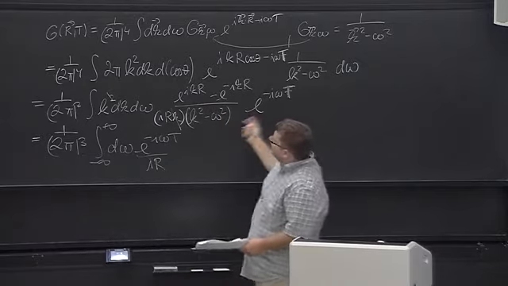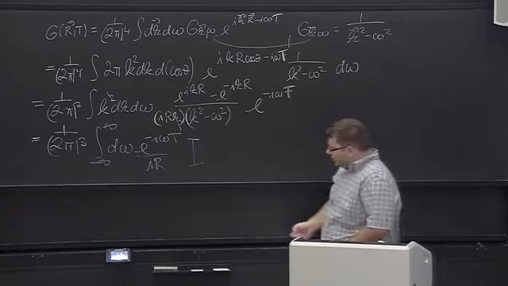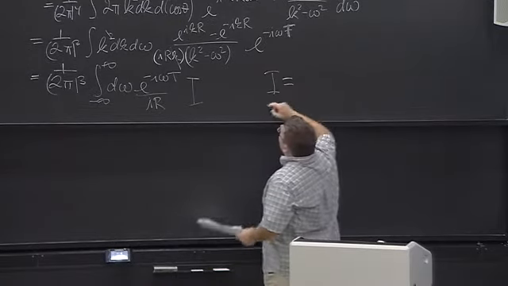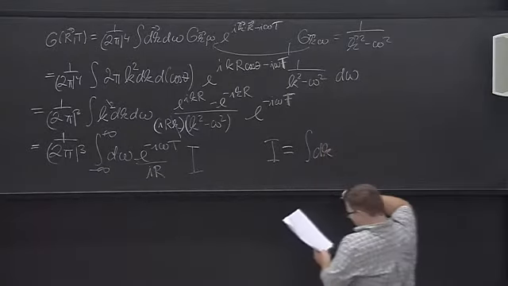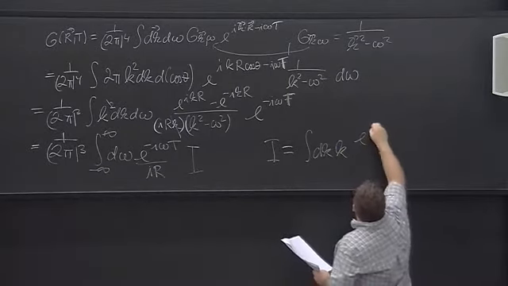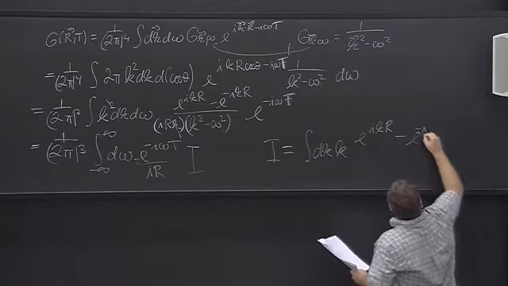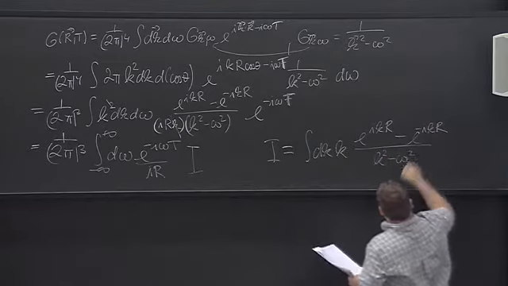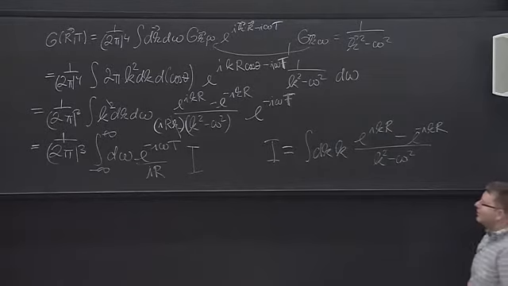And then let me call the integral over k simply an integral I. And so what this integral I is, it's an integral over dk, and then k, and then e to I kr minus e to minus I kr divided by k squared minus omega squared. Everybody happy so far? Did I do any more mistakes? Did you find any more mistakes?